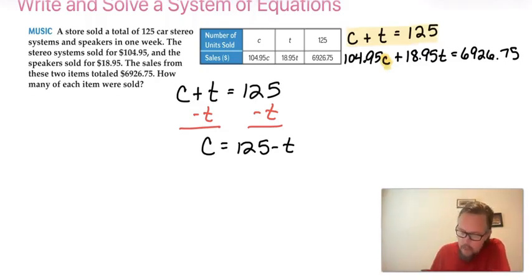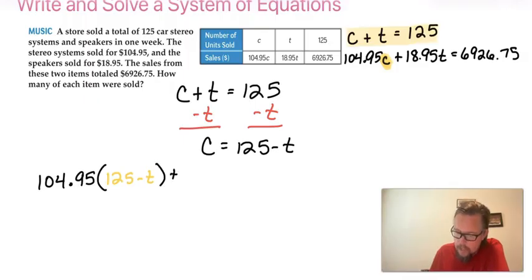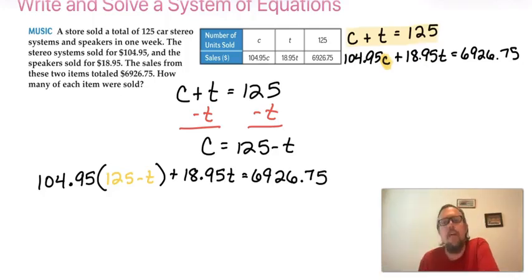Okay, so here we go. We've got 104.95 times C, which is 125 minus T, plus 18.95T equals 6,926.75.